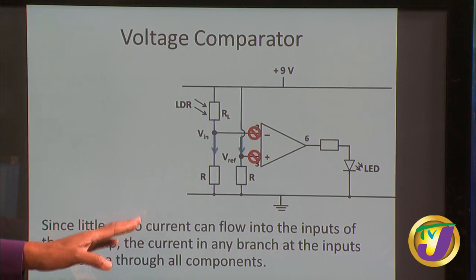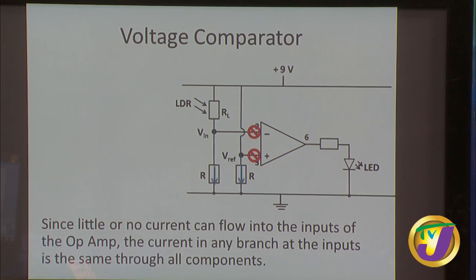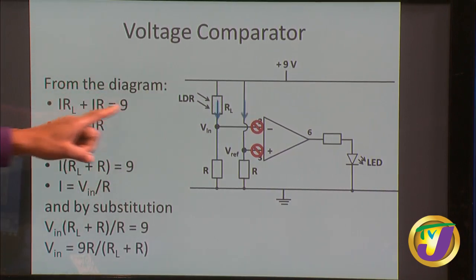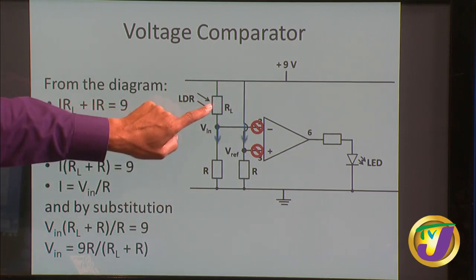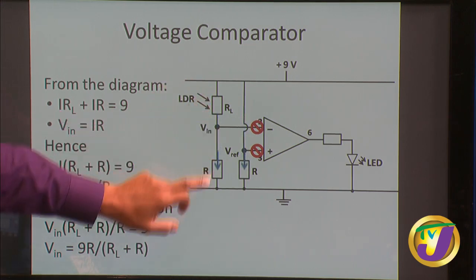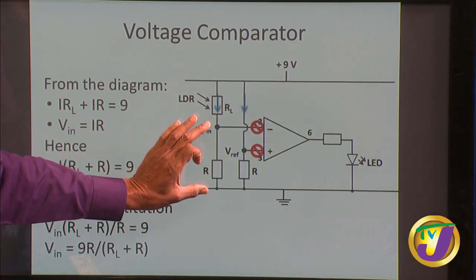They're flowing straight down. And so since little or no current can flow, from this diagram here, the current I would be equal to the V across from here to here, which is 9 volts, would be equal to the potential difference across this plus the potential difference across that.